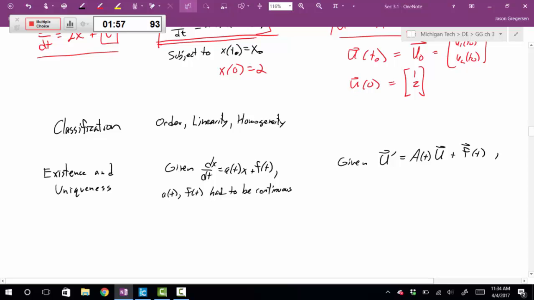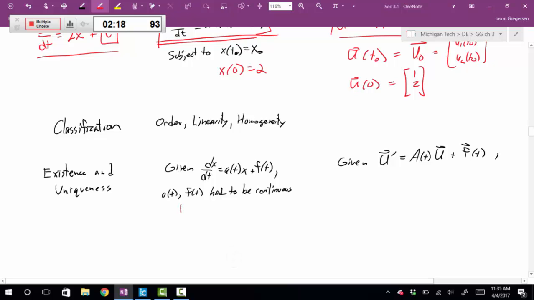And basically the same thing is true for systems. So section 3.2 of the text is pretty long. It's a little bit wordy, definitely technical, right? It's good to go through the details. But the net result is that there exists a unique solution everywhere the a of t and f of t are continuous. That's really what we're looking at. Okay?